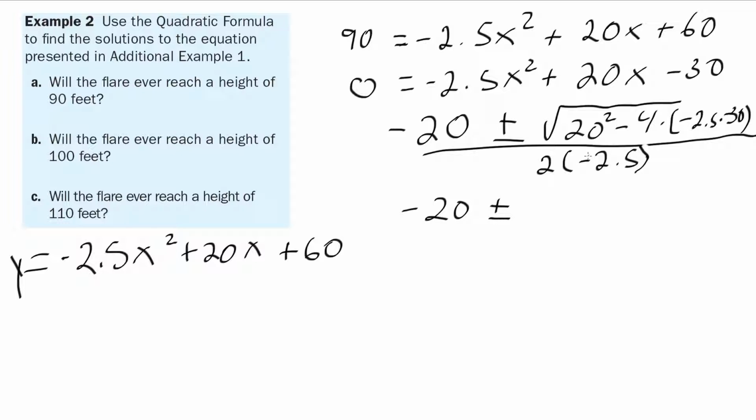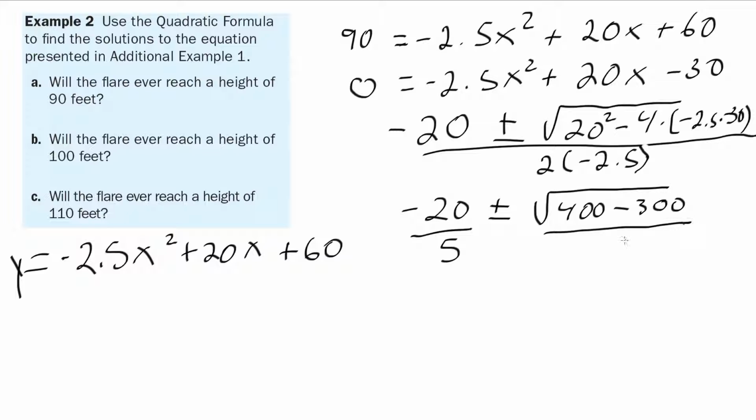So that's a negative 20 over 5, plus or minus the square root of 400, negative, negative, negative, so that's going to be negative. And this is all over 5, so that's a negative 5, okay?